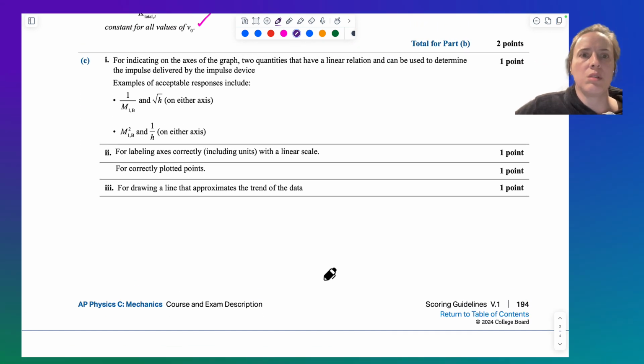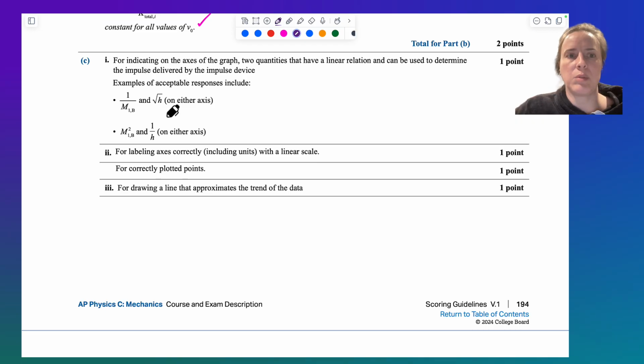So let's look at the examples of acceptable responses. There is more than one. In here they said 1 over m versus root h, m squared, and 1 over h. We did the reciprocal of this one, so we did h versus 1 over m squared. That would get our point.